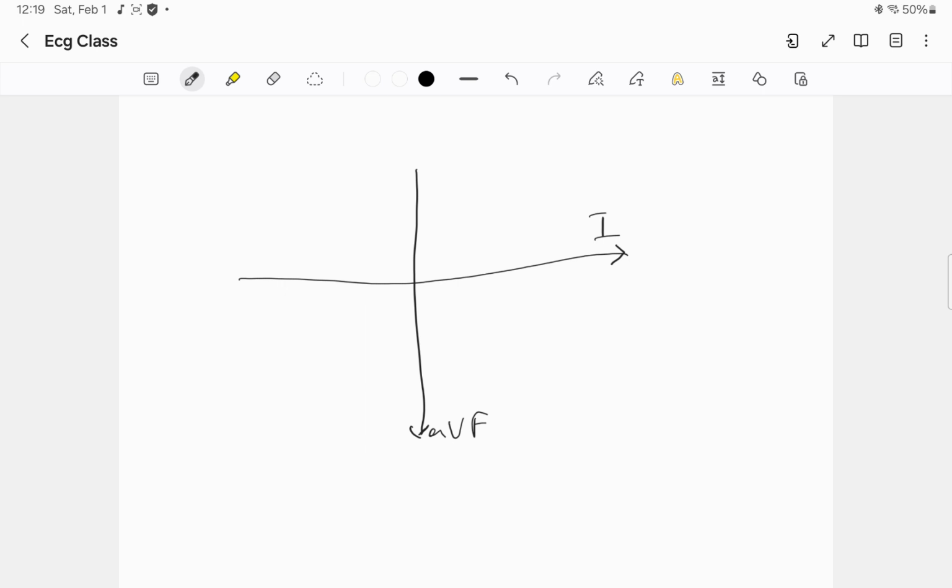And also, what I need to clarify is that when we speak about the axis of the heart, we're speaking about the mean electrical vector of the ventricles. So this is the heart, the chambers.